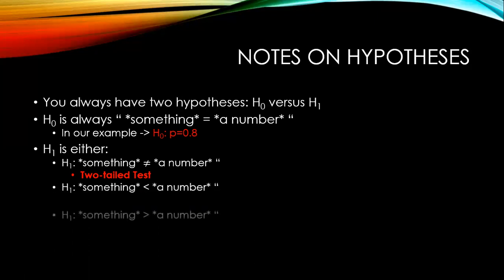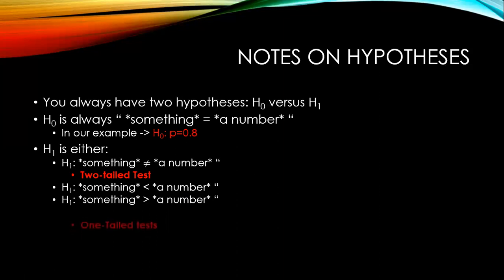Now, when you've got an alternative hypothesis where something is less than a number, or where something is bigger than a number, we call this a one-tailed test. These two examples are called one-tailed tests because we're only investigating whether a quantity is less than a certain number, or whether it is bigger than a certain number.